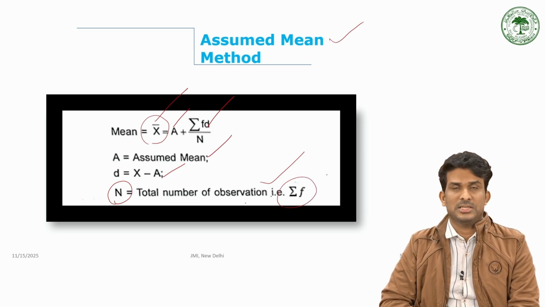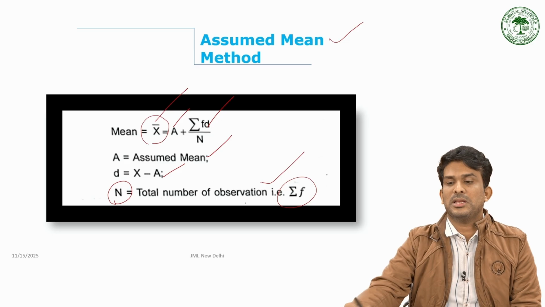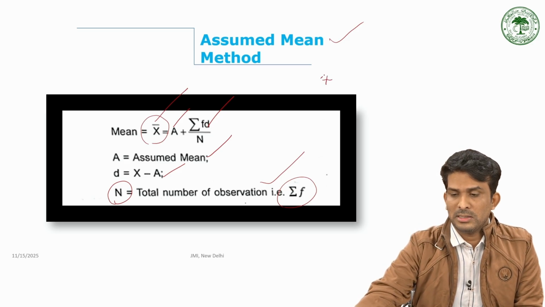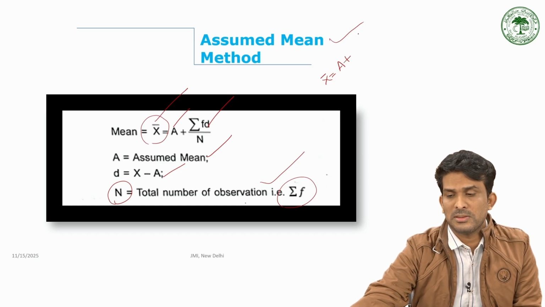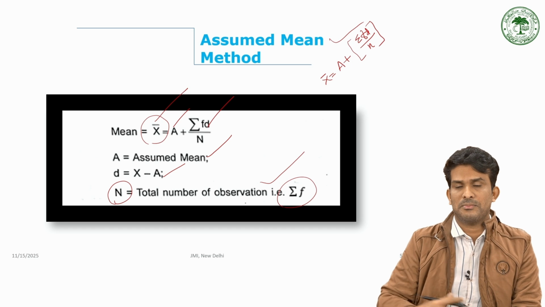So, what is the equation? X bar, that is arithmetic mean, is equal to A, the assumed mean, plus sigma of fd upon n. This is the formula, right?